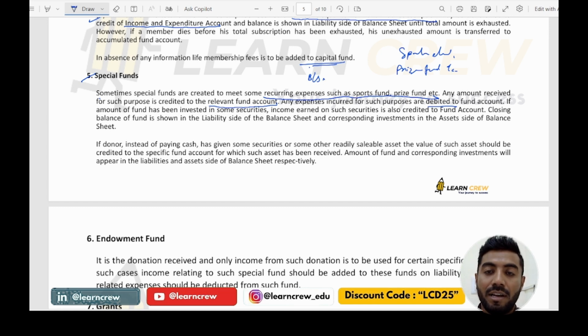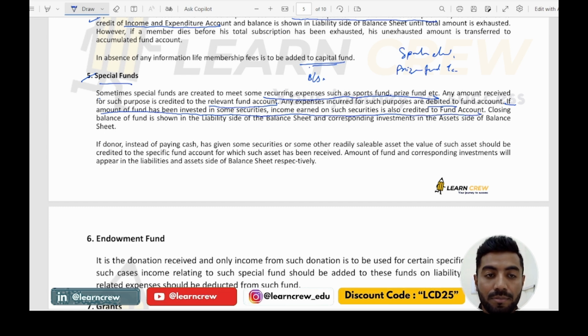The same funds can be invested elsewhere also. When you're investing those funds, any income received from those funds will be credited to the specific fund account only. If the funds have been invested in some securities, income earned on such securities is also credited to the fund account.